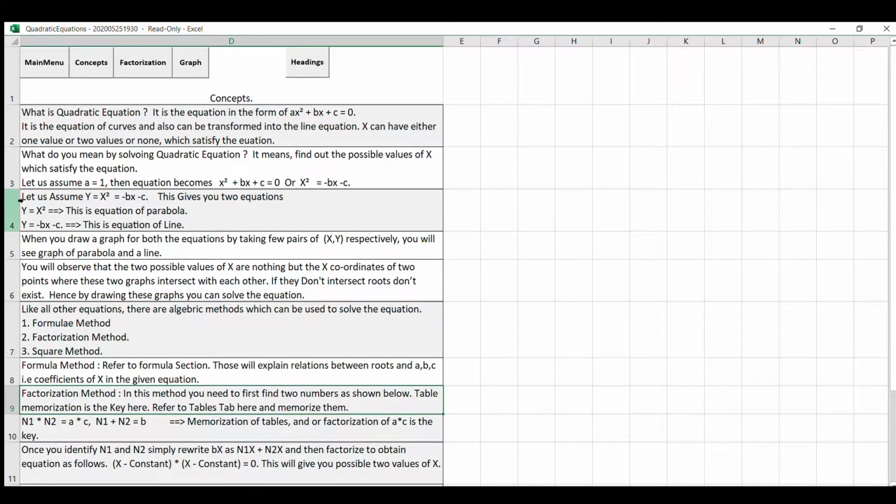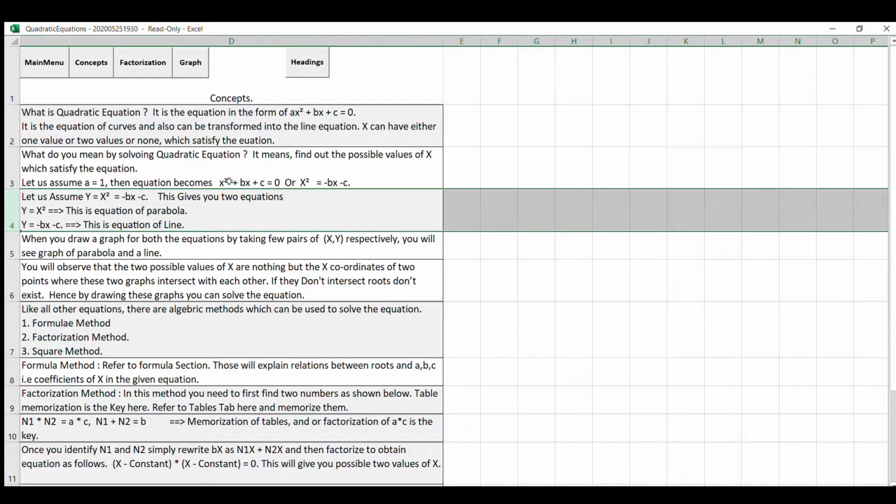If you look at line number 4 here, I have shown you how this equation can be transformed into a line equation and a parabola equation. What you have to do is keep x square on the left hand side and move everything to the right hand side.